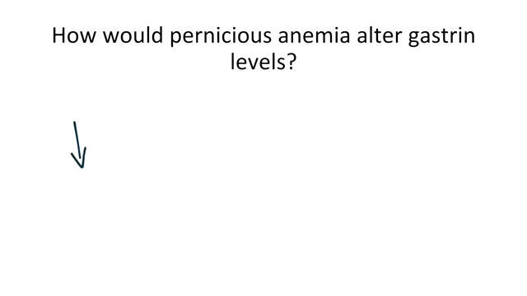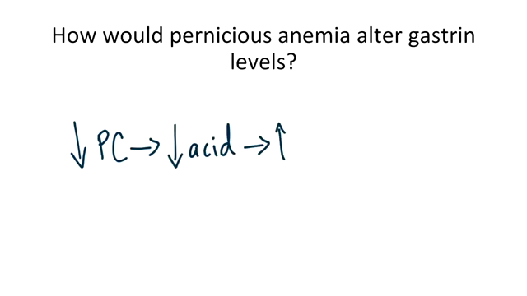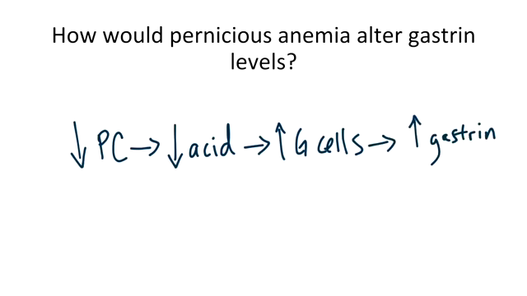So, decreased parietal cells results in decreased acid, which increases the G cells' production of gastrin. So how would pernicious anemia alter gastrin levels? They would be increased. We'll talk more about gastrointestinal hormones later in the chapter. Okay, let's do another question.